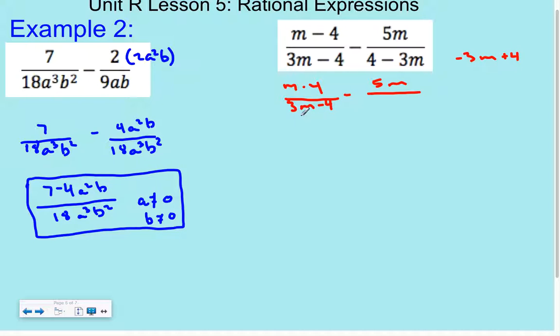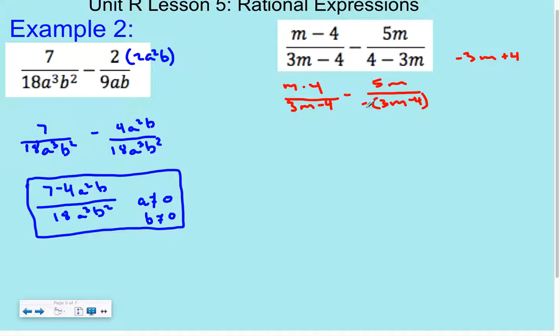Well, that looks a little bit more like this denominator over here. And in fact, if I factor out a negative sign, I can make this positive 3m minus 4. And now, hey, look at that. I have the same thing here.